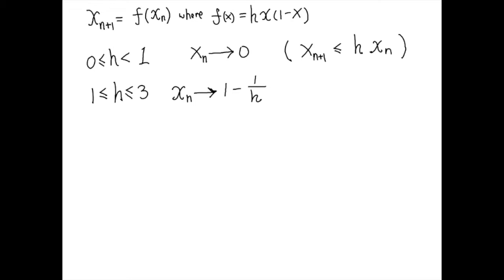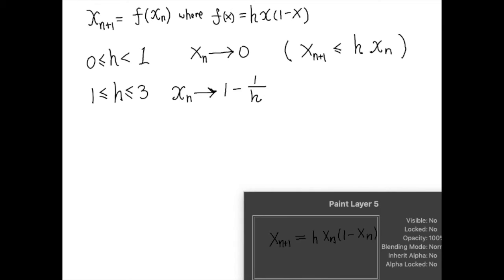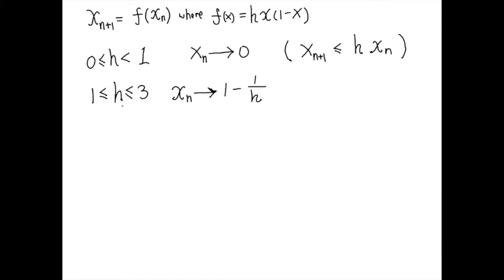And when h is between 1 and 3, the population of the flies goes to 1 minus 1 over h. So how do we get this number, 1 minus 1 over h? First, we saw that when h is between 1 and 3, the population goes to a limit. This is the relationship between the population in one day and the next day.